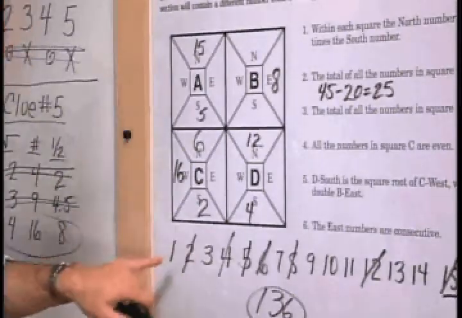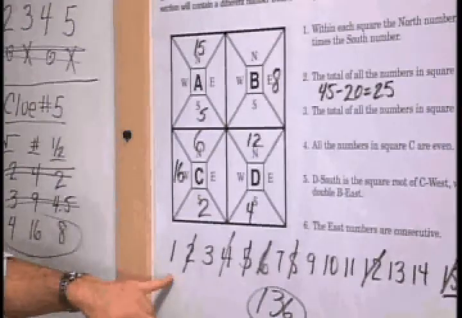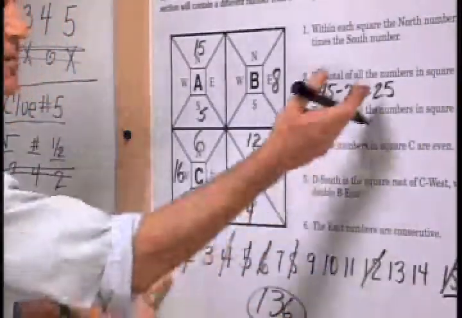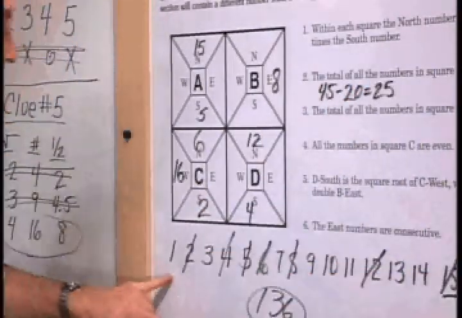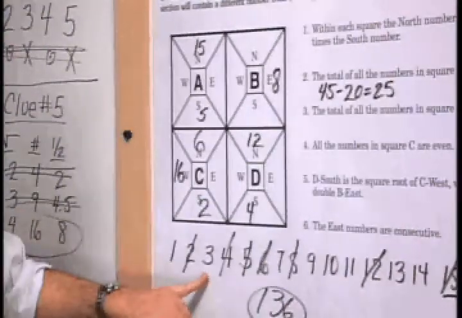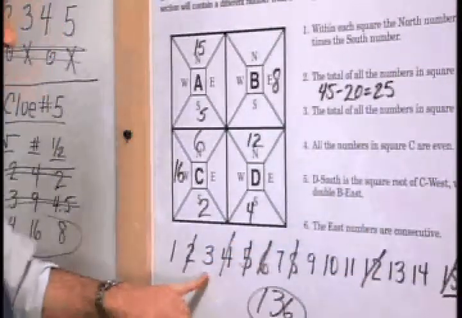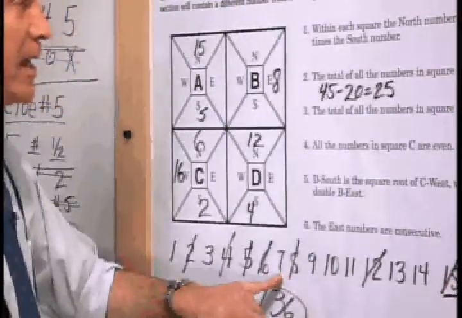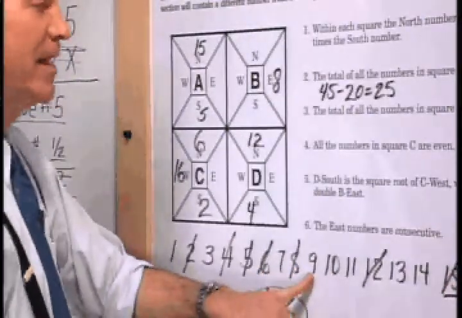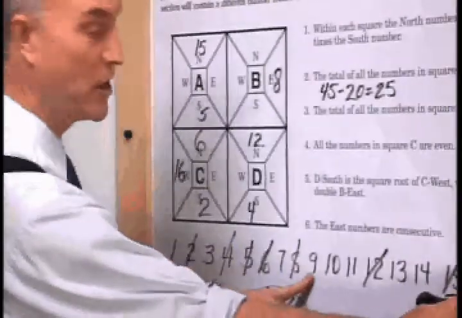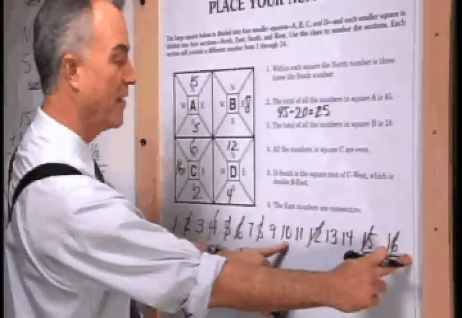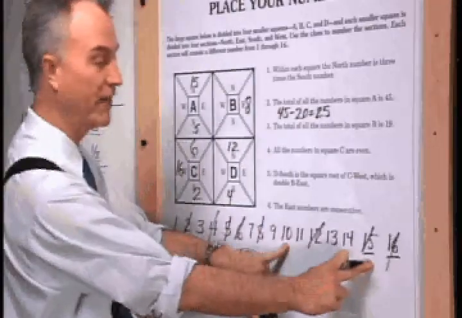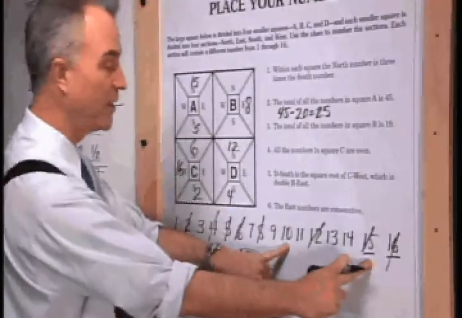If we were to use 1, we would have to use 24 in order to make 25. Well, 24 doesn't exist. So we can certainly eliminate 1. We'd have to go 3 plus 22. How about 7 and 18? That's still too big. How about 9 and 16? Well, 16 has already been used. We do have 10 and 15. That would add up to 25, but 15 has already been used.